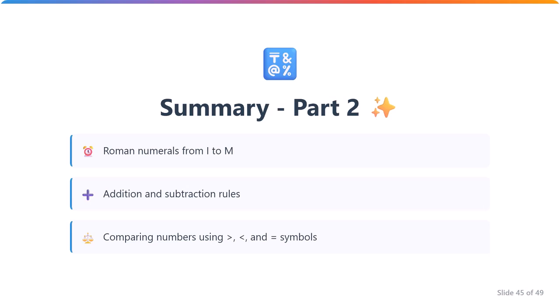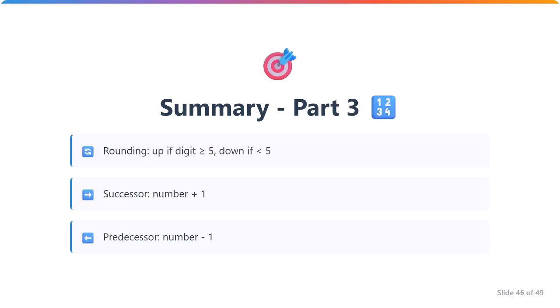We learned about comparing numbers using greater than, less than, and equal to symbols. We learned about rounding, when to round up if the digit is 5 or more, and round down if it's less than 5. And we learned about successor and predecessor, number plus 1 and number minus 1.